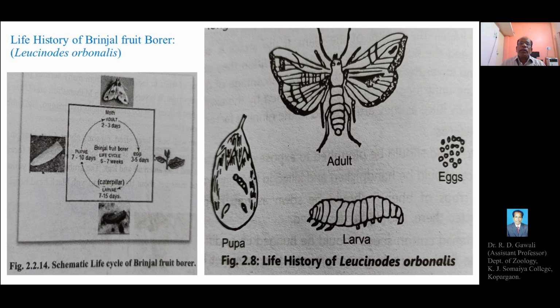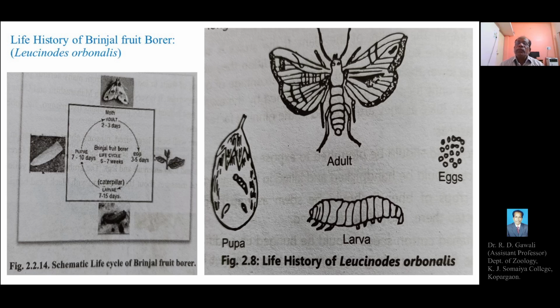Then in the next figure we can see the adult moth, the female moths which are laying eggs. The adult moth represents its morphology, showing the head, thorax, abdomen, two pairs of wings, and three pairs of legs as morphological features.